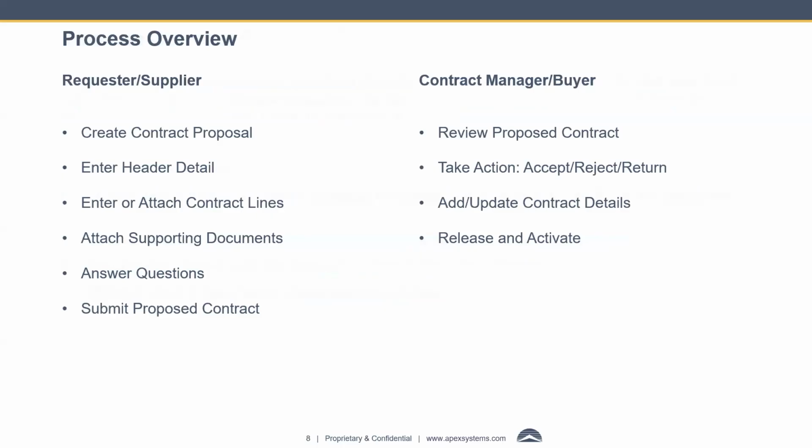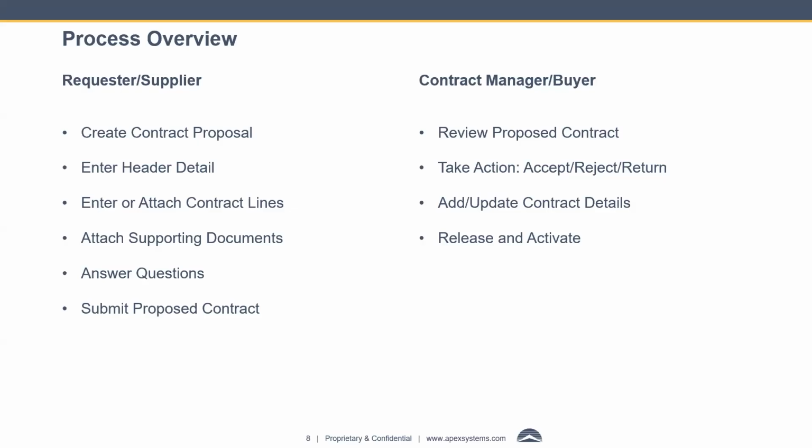Here's a quick look at the overall steps for the contract proposal process. On the left side, you can see the steps for the requester and supplier. The requester or supplier will create the contract proposal and enter header detail. They will also enter or attach contract lines. They can attach supporting documentation. They can answer questions if those have been added to the contract proposal template, and they can submit and follow up on proposed contracts.